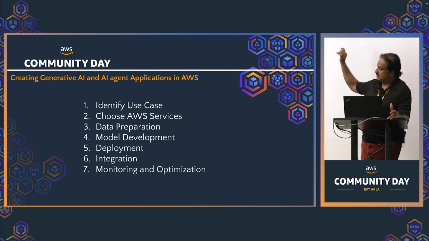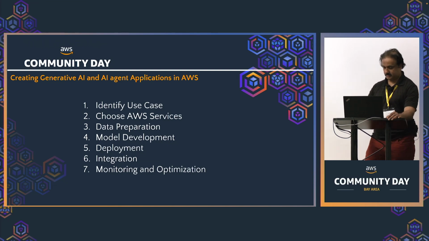After you identify the use cases, you choose all the AWS services. We'll look into all of the AWS services that some of you might be familiar with, or can consider while you're architecting your solution. Data preparation, and when you develop the model, deploy, integrate, and monitor and optimize for ongoing security issues.